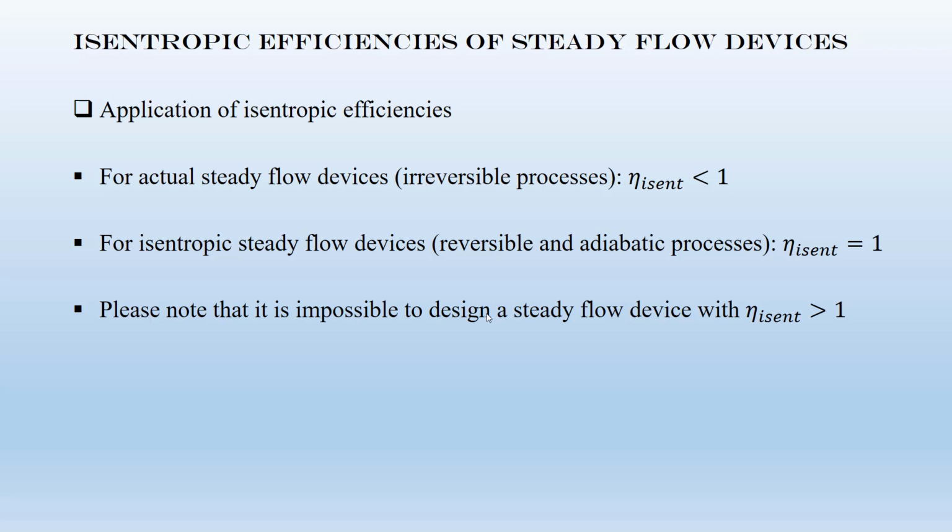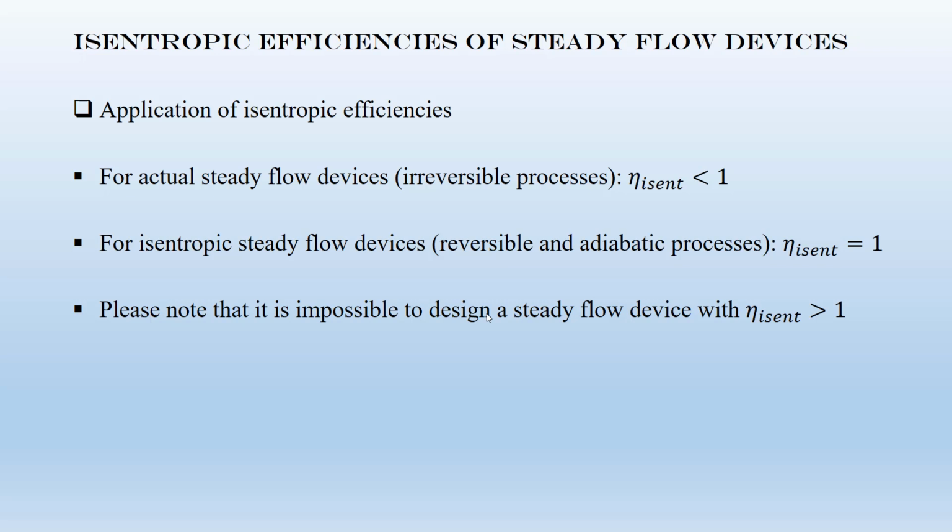The second application: if you have, let's say, two different steady flow devices, for example compressor A and compressor B, and the isentropic efficiency for compressor A is 0.7, and for compressor B is 0.8, you should select compressor B because it has higher isentropic efficiency, meaning that this compressor has less losses.